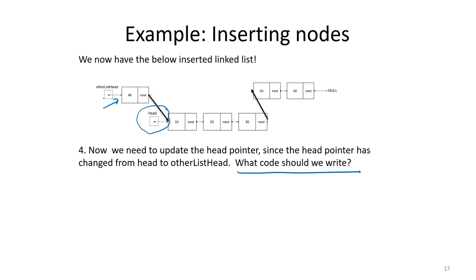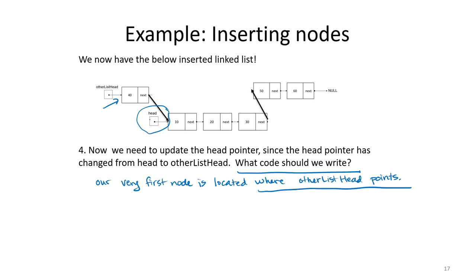Well, what's the memory address of our very first node? Our very first node is where other list head points. So if our very first node is located where other list head points, where should we make head point if we want head to point at the very first node?